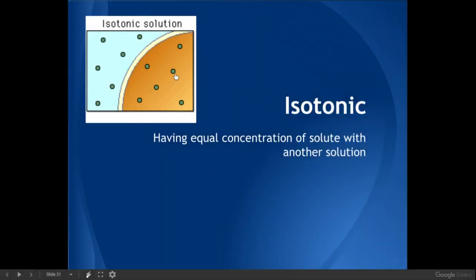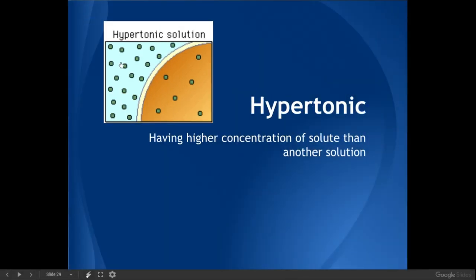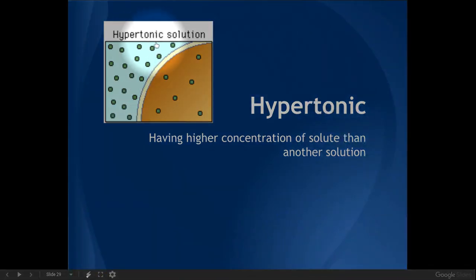I want to back this up a bit because when we talk about a hypertonic solution, we're also saying if the solution has more solutes, then that means the cell has less solutes.